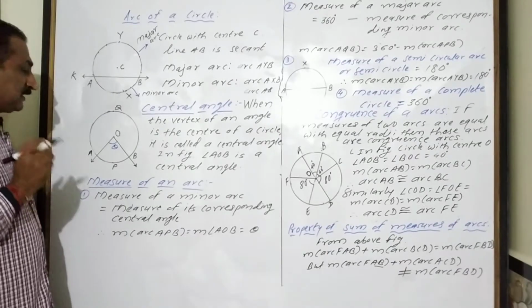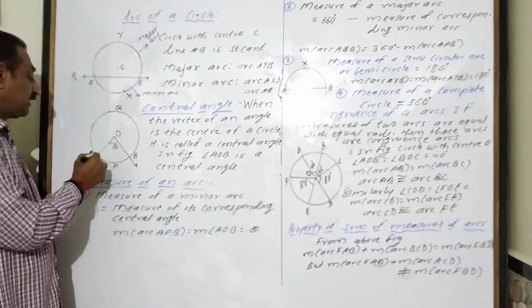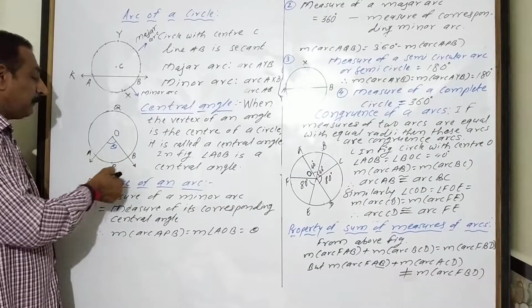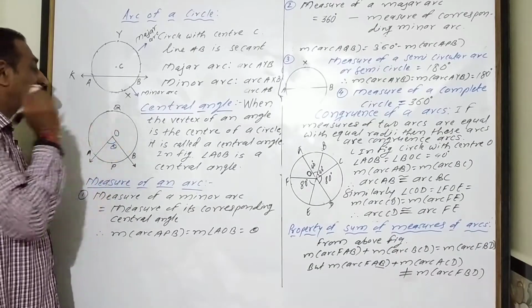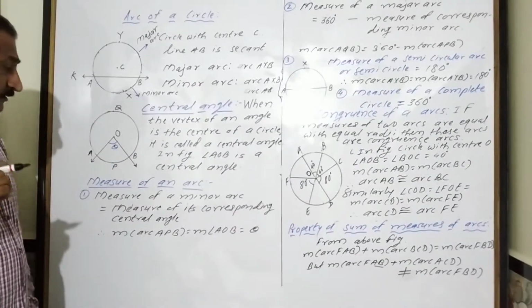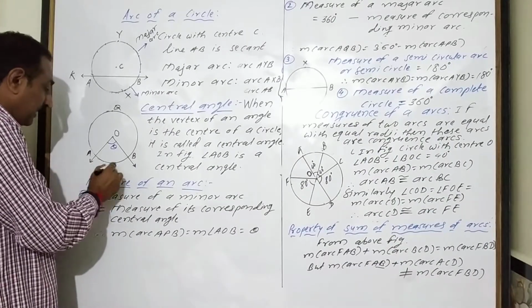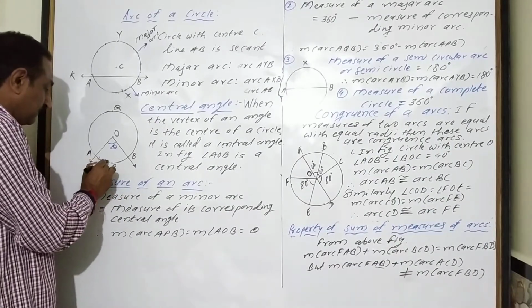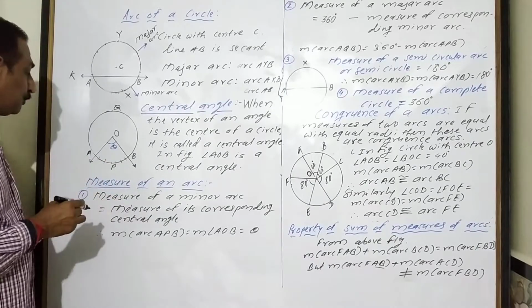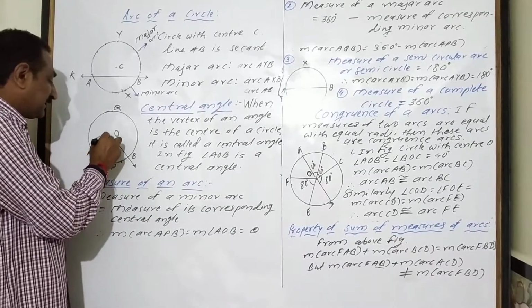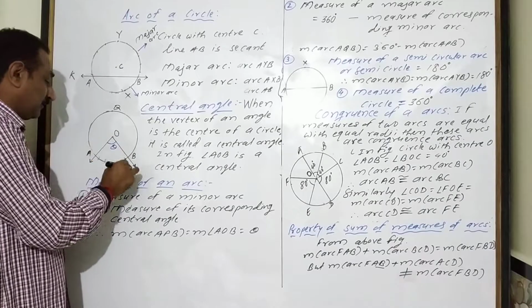Now, how to find the measure of a central angle, the measure of a minor arc or the measure of a major arc? First point: the measure of a minor arc is equal to the measure of its corresponding central angle.